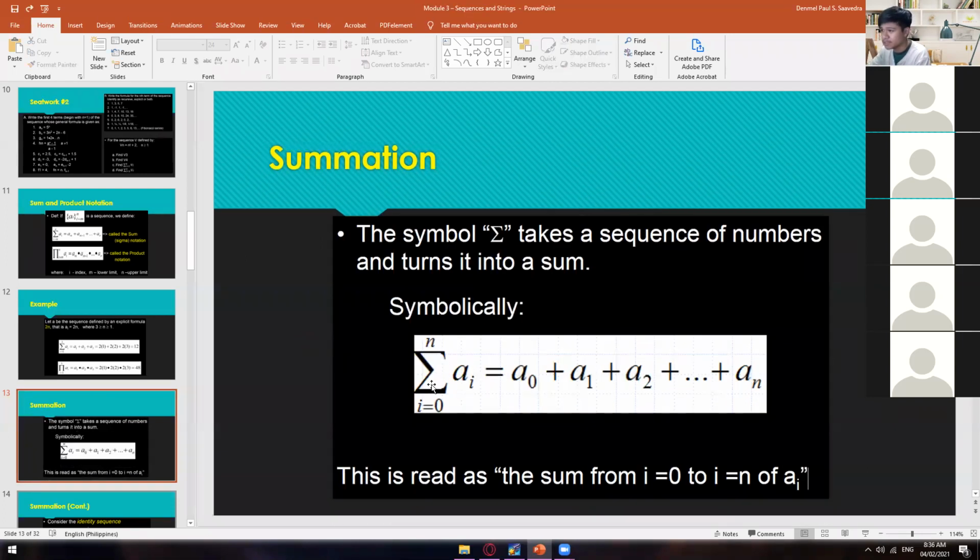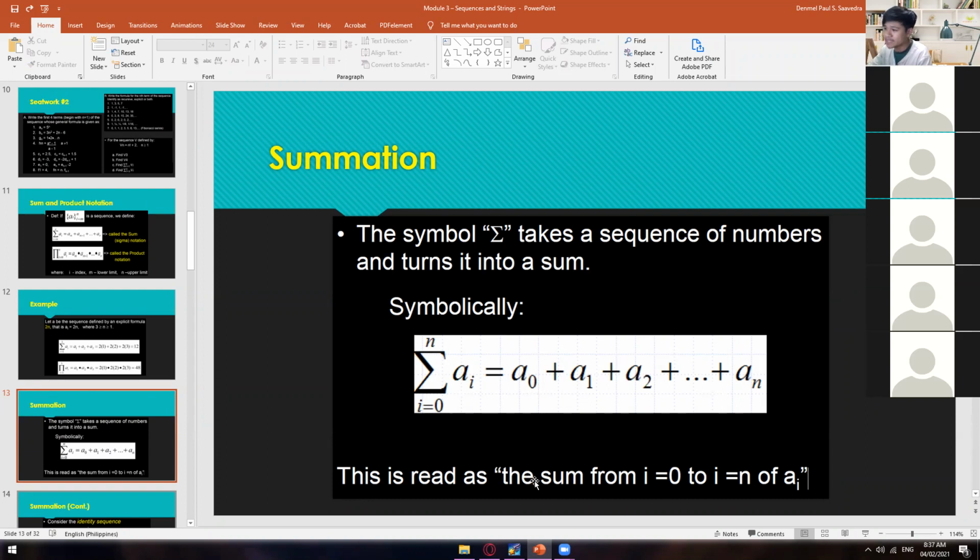So we have the limit, 0 up to n, and then we have this a sub I. So a sub I is starting from 0, since I is 0, up to a sub n, since it's quite infinite. We don't know when it will end. So a sub 0 plus a sub 1 plus a sub 2 and so on and so forth.